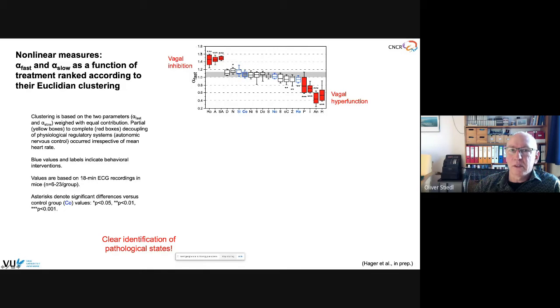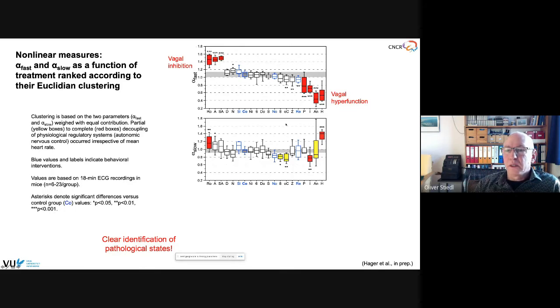And what we found out is, if we use the alpha fast, that means the short-term correlation in a data stream, we find out, oh, there are compounds, and these are our vagal inhibitors, where you see the short-range correlation is moving into more Brownian noise, 1.5. If you have high vagal hyperfunction, and these are partly anesthetica and other compounds, it becomes chaotic, random.